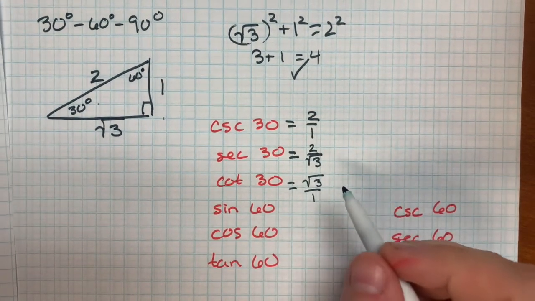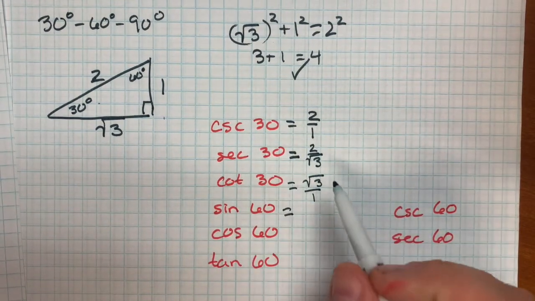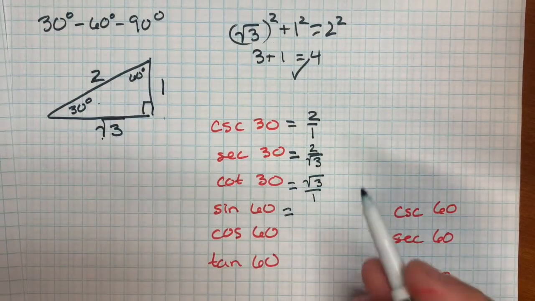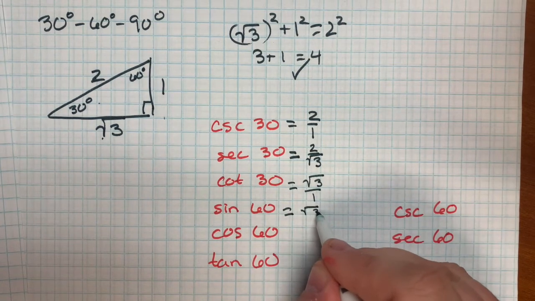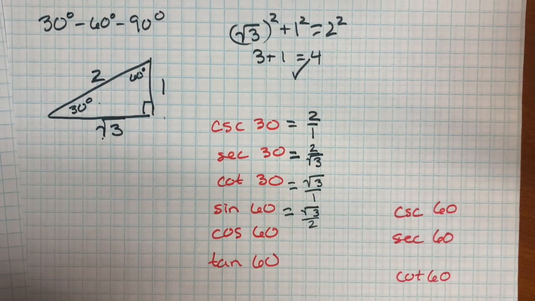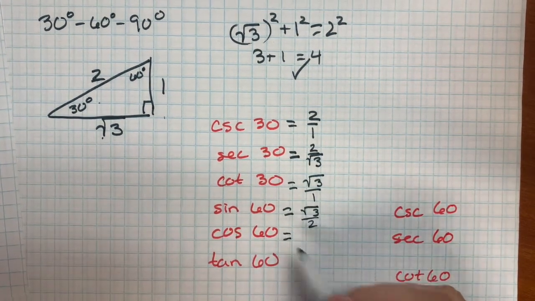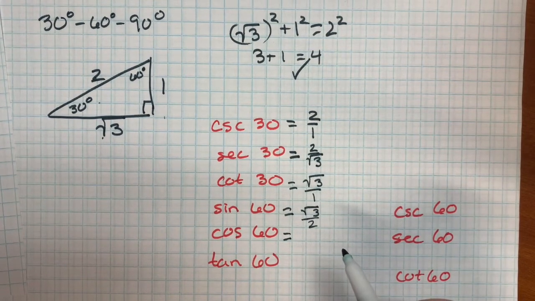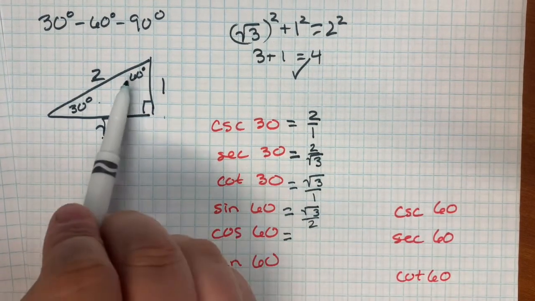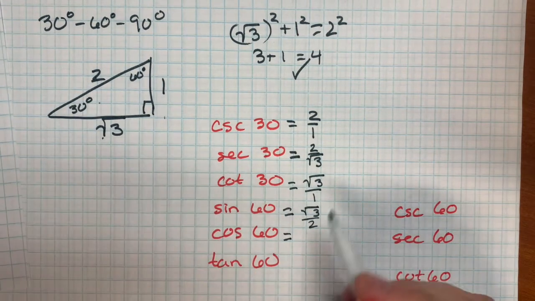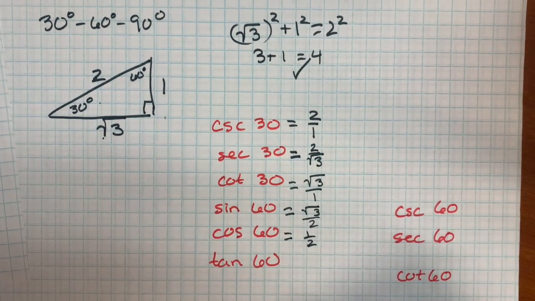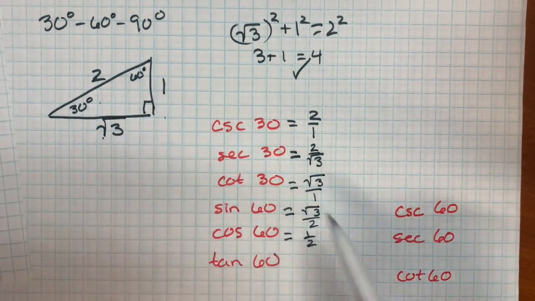So sine of 60 is opposite over hypotenuse, root 3 over 2. Cosine of 60, cosine is adjacent over hypotenuse. Tangent is opposite over adjacent.